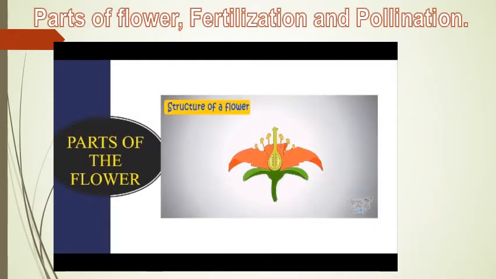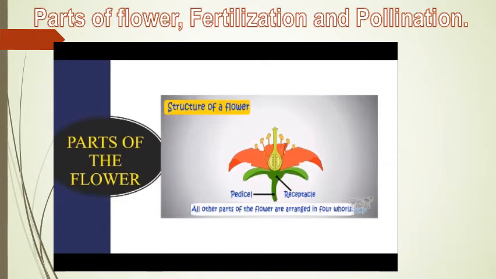Parts of the flower. Watch a video regarding the parts of the flower and note the important parts of the flower in this video. Let's start. In our last assignment, this is the pedicel, which is a green colored stalk. Then this broader part is the receptacle, and all other parts are arranged in 4 whorls.